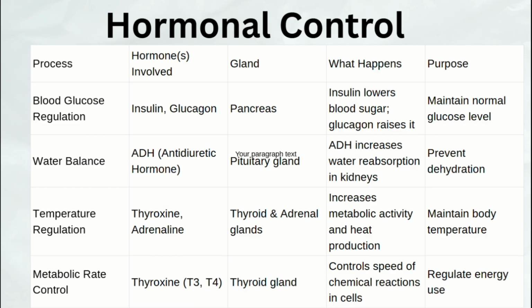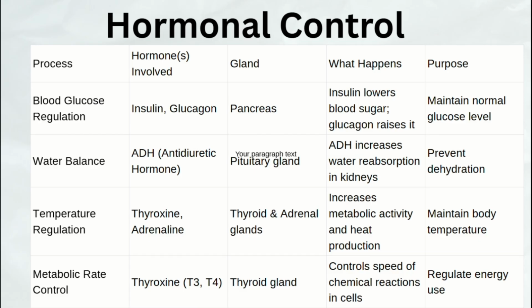It involves both the thyroid and the adrenal glands. It increases the metabolic activity and heat production, and overall maintains homeostasis. So basically, for all of these processes, the goal is simply to maintain overall homeostasis, even if it's a different process.